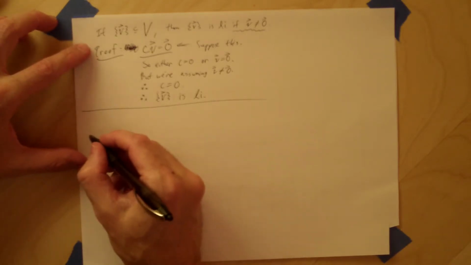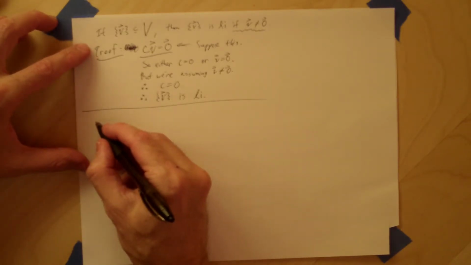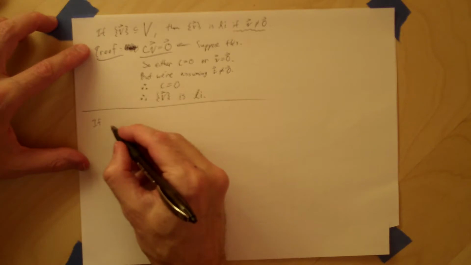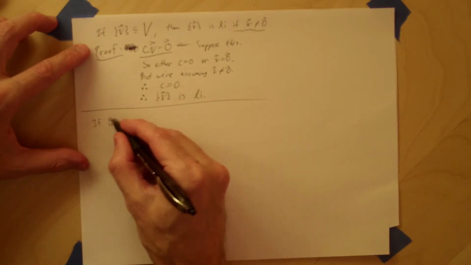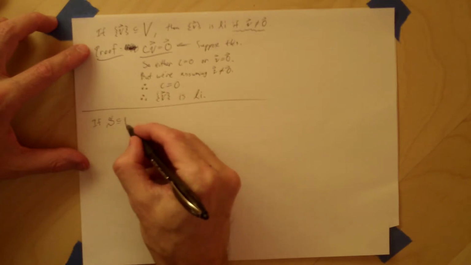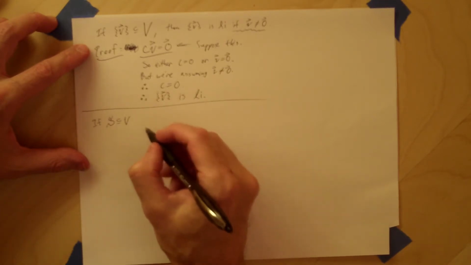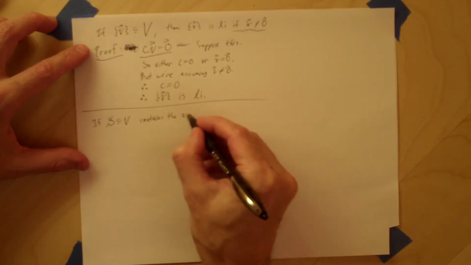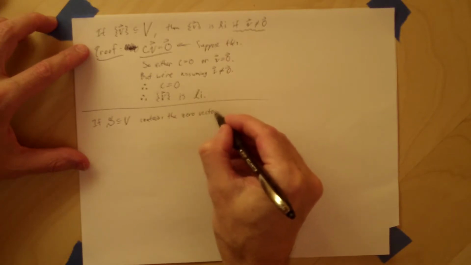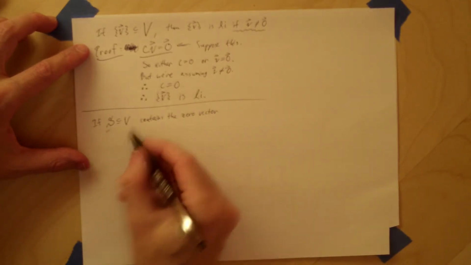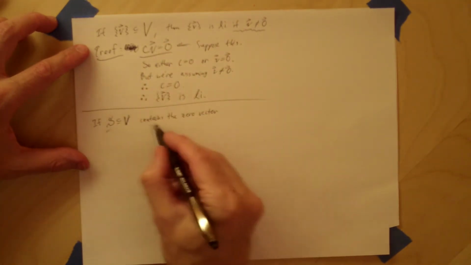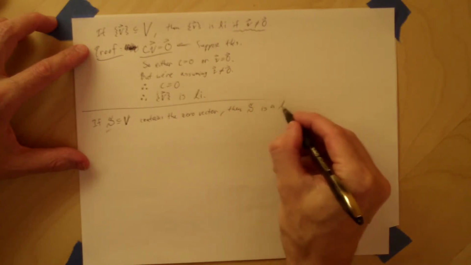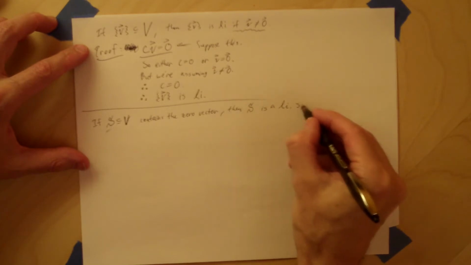Here's another thing to prove. If S, a subset of V, contains the zero vector, then S is a linearly independent set.